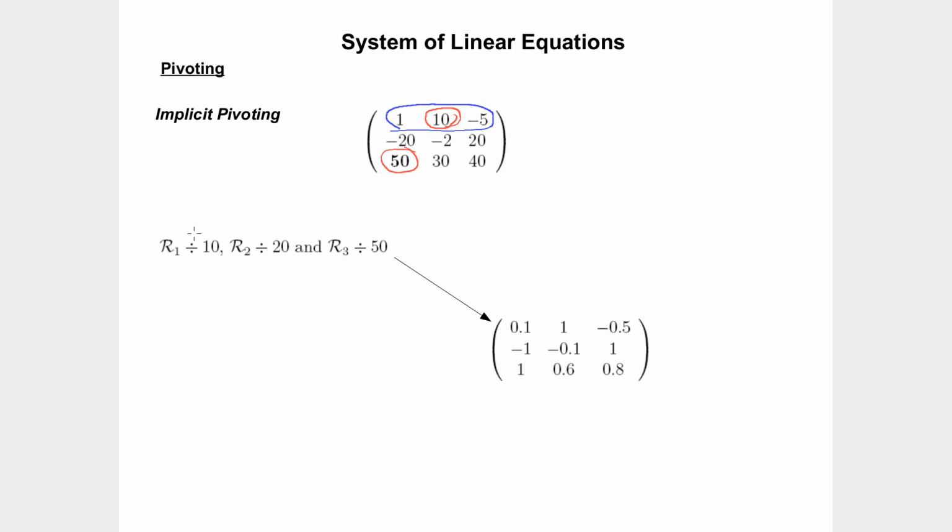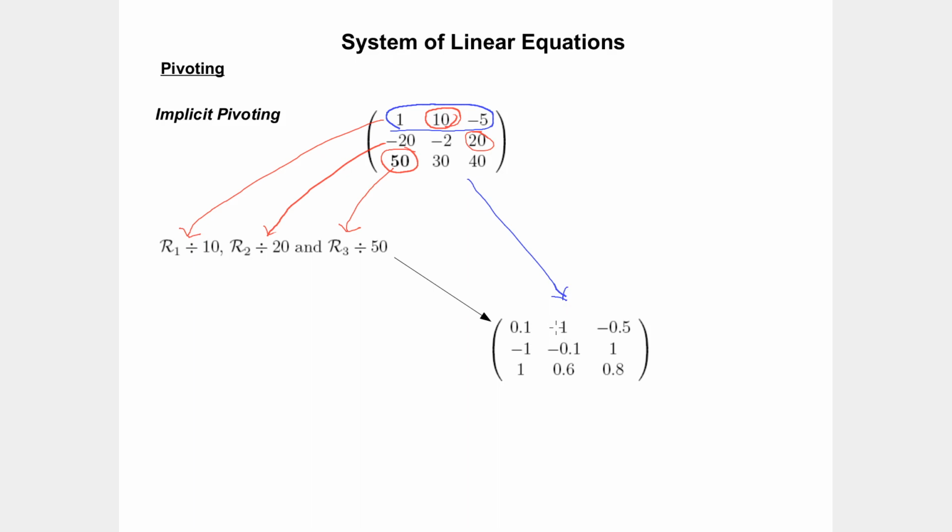That means row 1 should be divided by 10, and here 20 is the maximum magnitude element, so row 2 has to be divided by 20, and here 50 is the maximum element, so this has to be divided by 50. Interestingly, this operation makes your matrix like this, and clearly your maximum magnitude element will be 1.